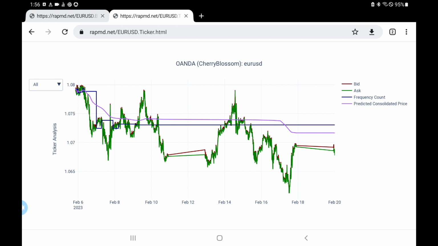But one of the things that comes into account is many of the difficulties of achieving a complete dynamic profit system. And you can see here where I'm actually studying the differences between the bid and the ask. I'm also studying the frequency count of price action and a prediction system where price consolidates.